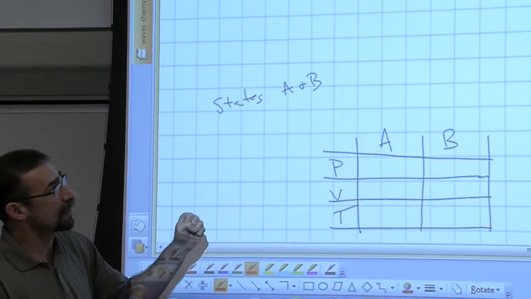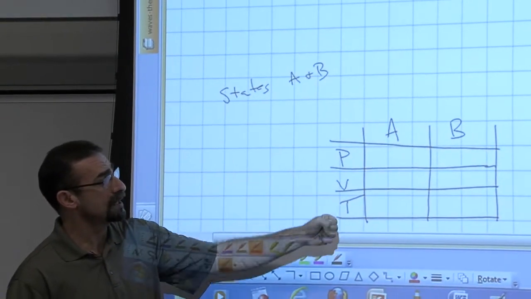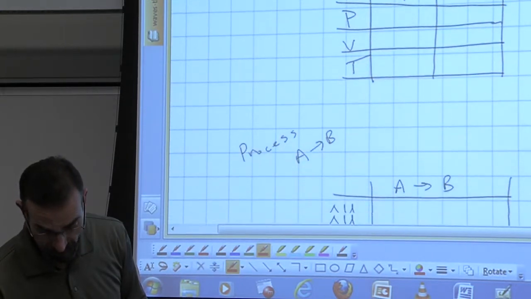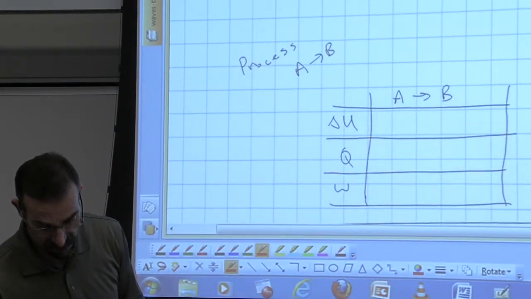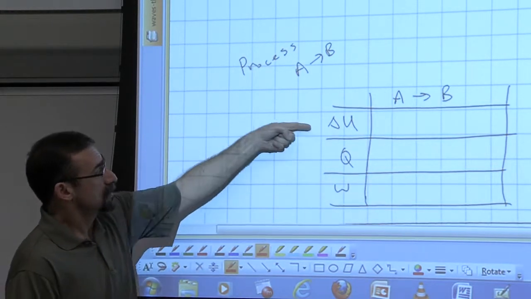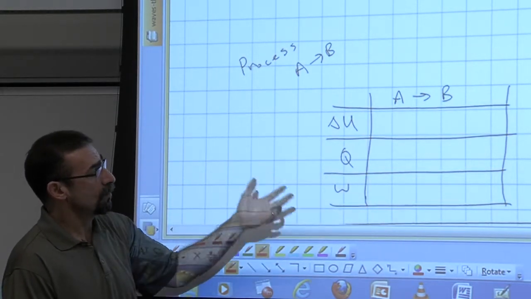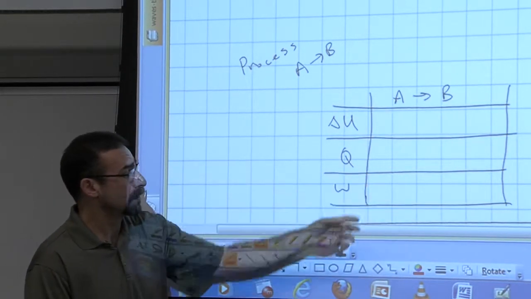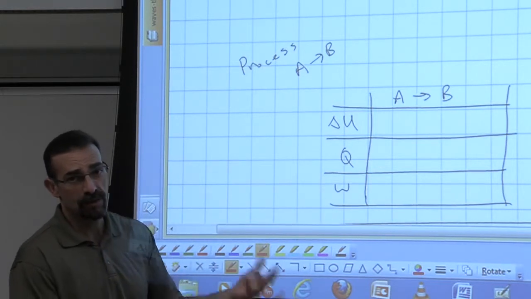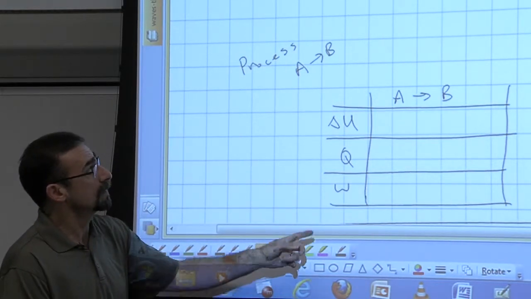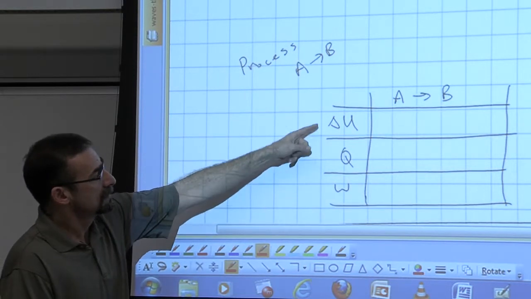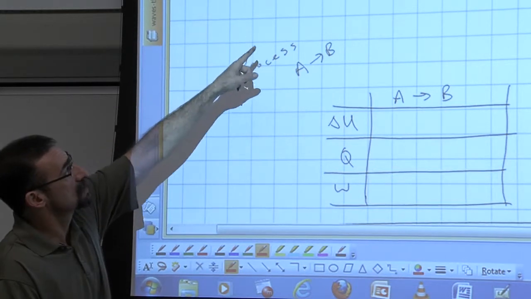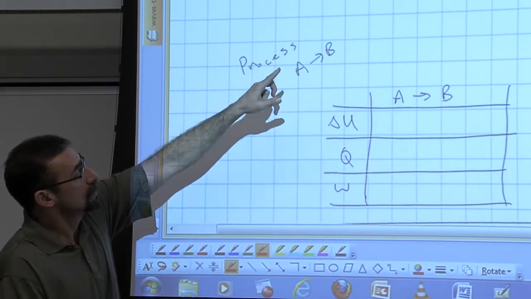The state of our system at point A, the state of our system at point B. And the other thing that is of interest to us is the process or the path between those two points. The change in internal energy of our system as we go from point A to point B. The amount of heat that went into or came out of the system as we go from point A to point B. The work done on the system or the work done by the system as we go from point A to point B. So the processes, the change in energy, the heat and the work done, and the states, pressure, volume, temperature, for the two states.